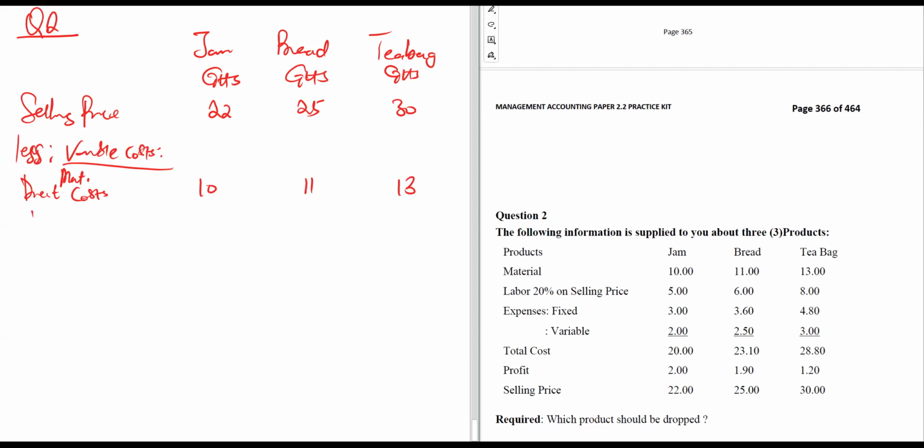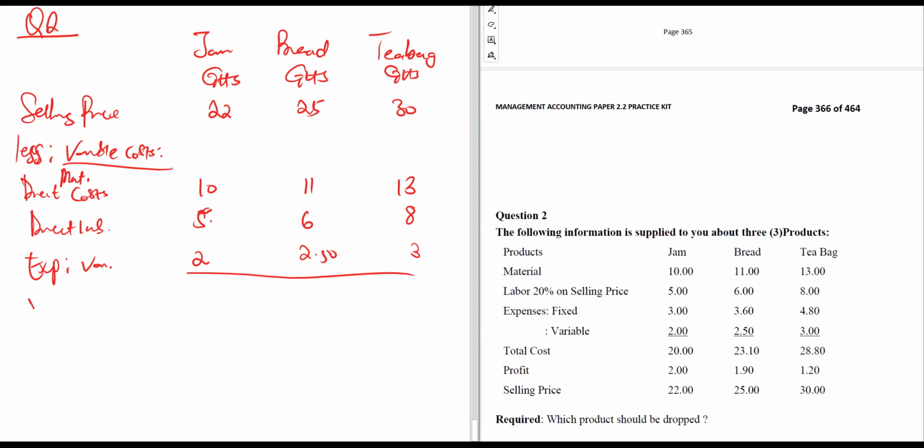Then we have direct labor, which was also variable, 5 cedis, 6, and 8. Then we have variable expenses: 2 cedis, 2.50, and then 3 cedis.